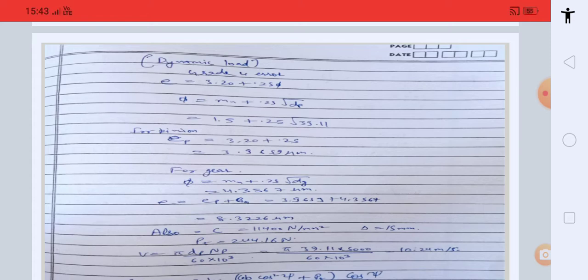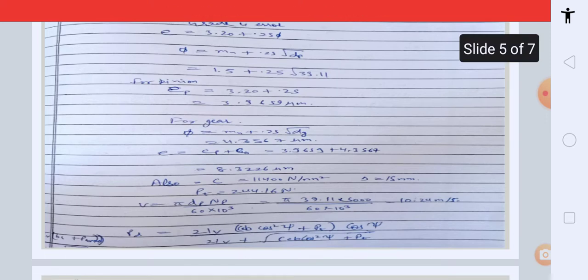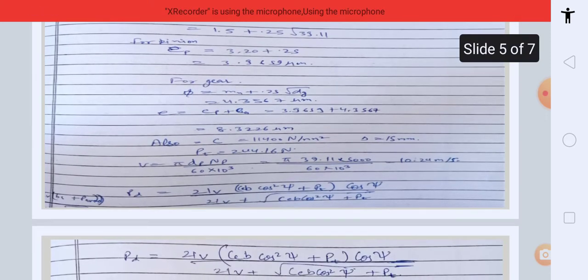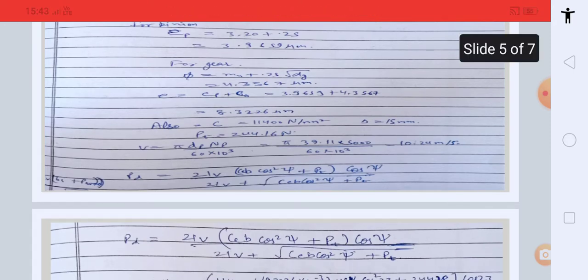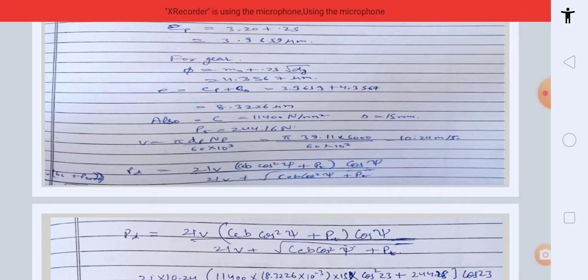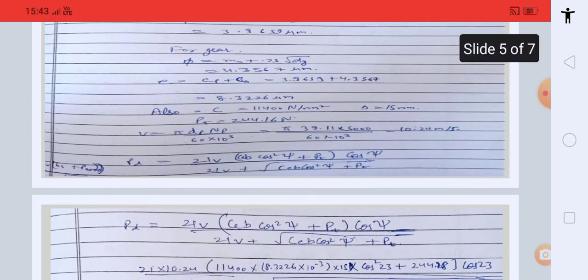EP, the error for the pinion, is 3.969 micrometer. For the gear, EG is 8.3226 micrometer. Also we have the given deformation constant C, 11 for 400 Newton per millimeter square. PT is equal to 244.16 Newton.